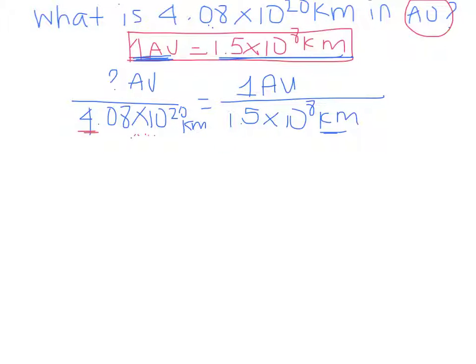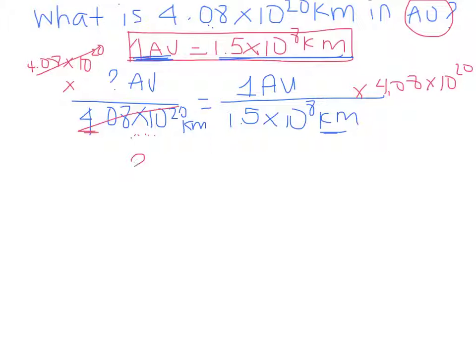So I'm going to write it down here, really small, times 4.08 times 10 to the power of 20. Okay, multiply the left side, you have to do the same thing to the right side, 4.08 times 10 to the power of 20. Again, this cancels out on the left side.